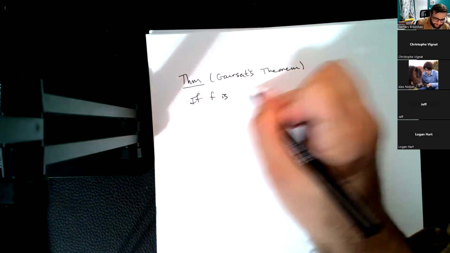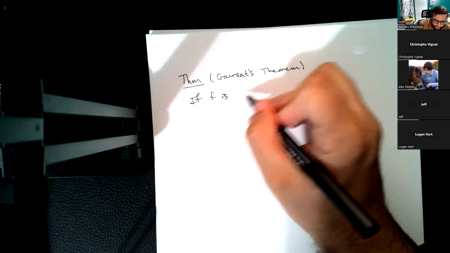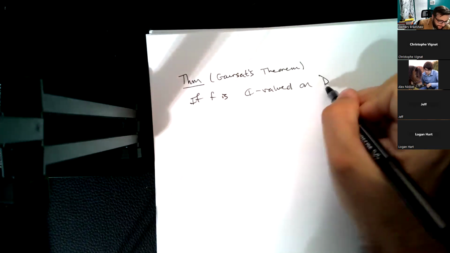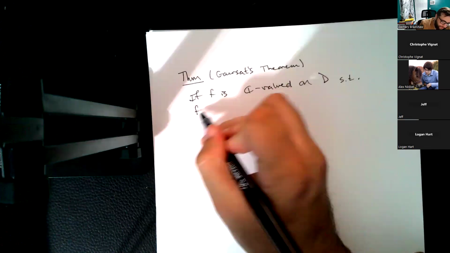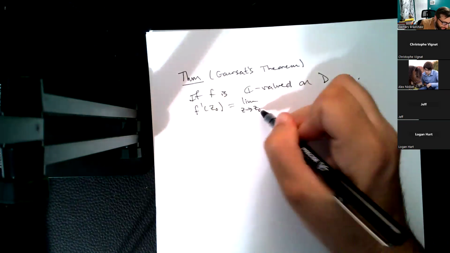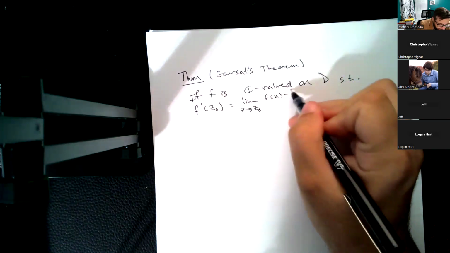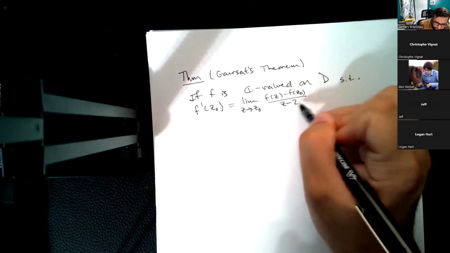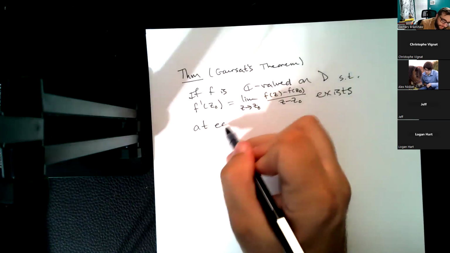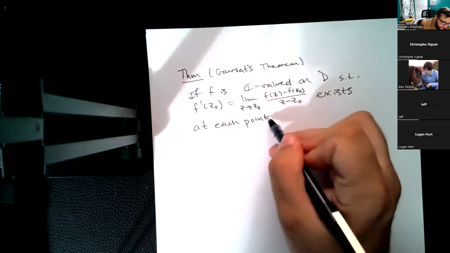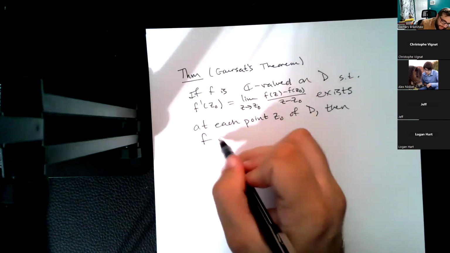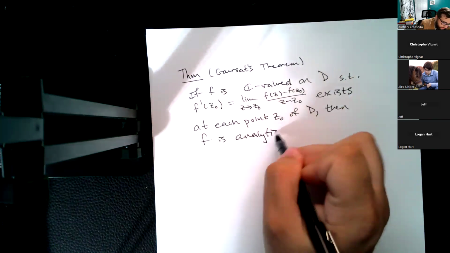If f is a complex valued function on a domain D such that its derivative at z0, the limit as z approaches z0 of f of z minus f of z0 over z minus z0, exists at each point z0 of D, then f is analytic on D.